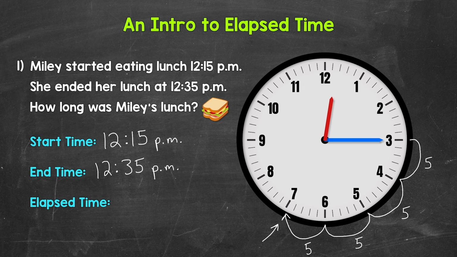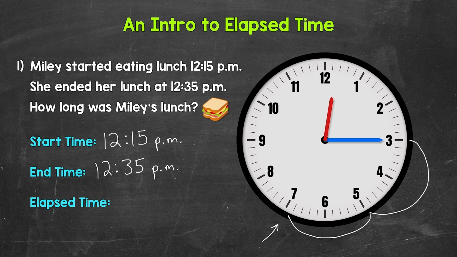So Miley's lunch was 20 minutes long. Now let's clear that and think through this another way. Could we count by tens? Sure. So maybe you're thinking, okay, we have 10 minutes, 20 minutes. So 10 minutes plus 10 minutes gives us 20 minutes as well.